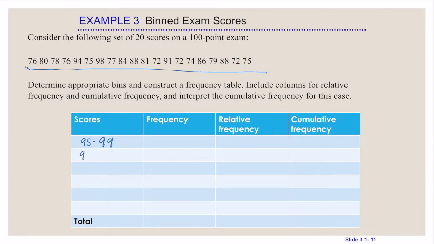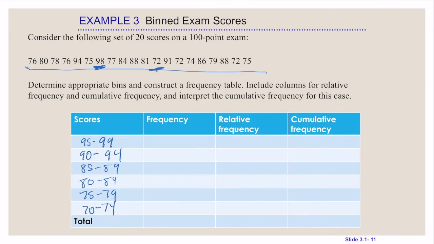Then we're going to go from 90 to 94. Then we're going to follow the same pattern for the 80s. Luckily, my lowest test score, that would have been important to look at, is a 72, and my highest test score is a 98, so I don't have to worry about going below 72. I don't need to list categories that are empty. So then I'd have 85 to 89, 80 to 84, 75 to 79, and 70 to 74.